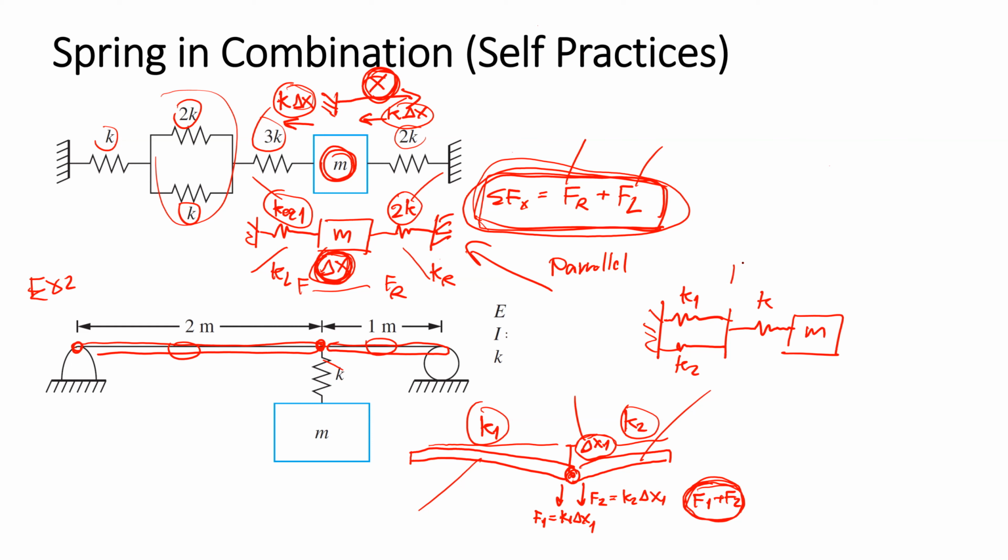At this point we have delta x1, which is the effect of the vertical deformation of the bar. And if this spring has another deformation, we're going to have the total deformation. The total deformation is the deformation of the first set and the second set of the spring.